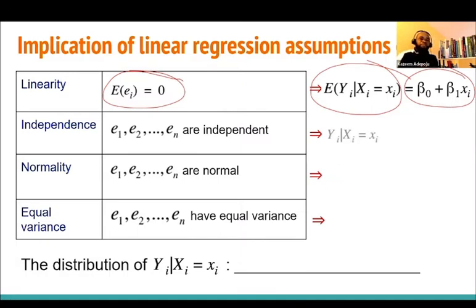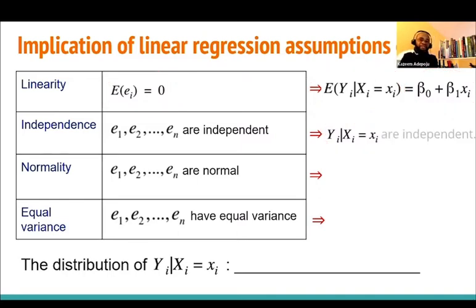Now, the implication of independence on y given x is that y given x in any county will be equal to the model. I want you to take note of that. Now, what is the implication of normality? That is the implication of normality.